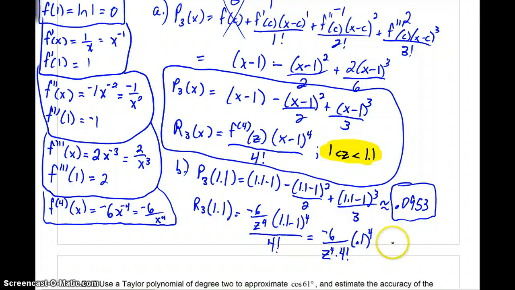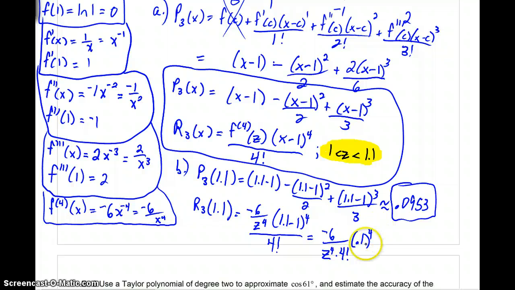So we're going to look at the 1.1 and the 1. z is somewhere between those two. We honestly don't know exactly which one it's going to be. We don't know exactly the value of z, but look, z is in a denominator. The smaller your denominator is, the larger your overall value of a fraction is.